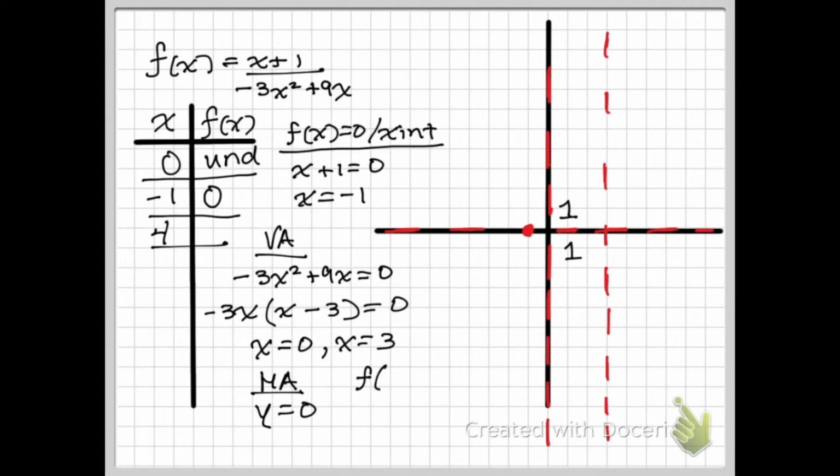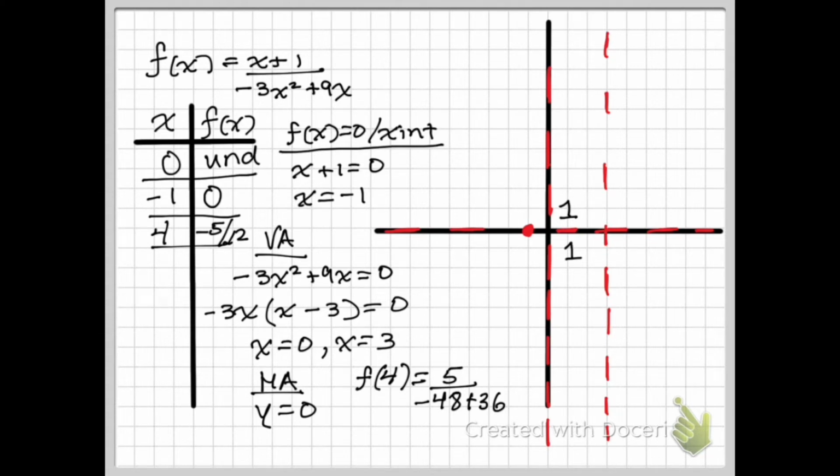So if you look at the bottom of the page there, I'm saying f of 4, and that's going to be 5 over, let's see, negative 3 times 16, so that's going to be negative 48 plus 36, and that'll give me a negative 5/12.